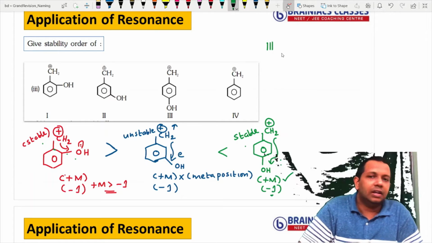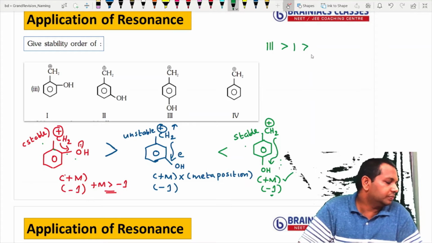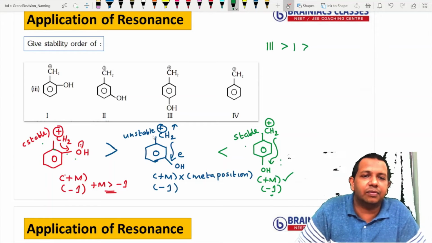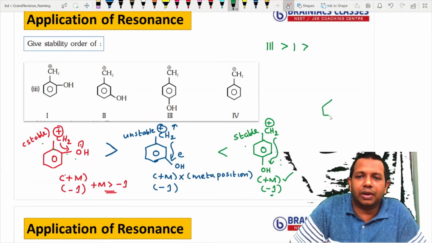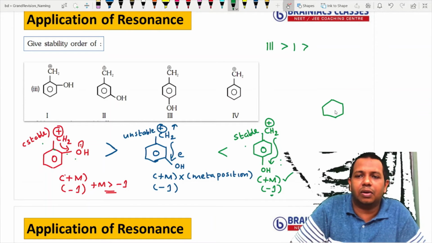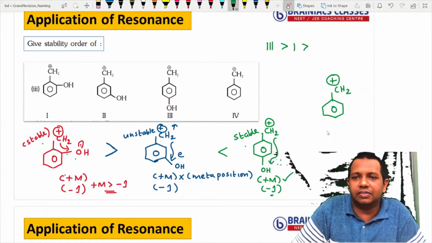From this one, then comes which one? First one, then comes the second one. We will also analyze the fourth one. In the fourth one you have just the benzene ring and CH2 plus. This is also stable because there is no effect destabilizing it.